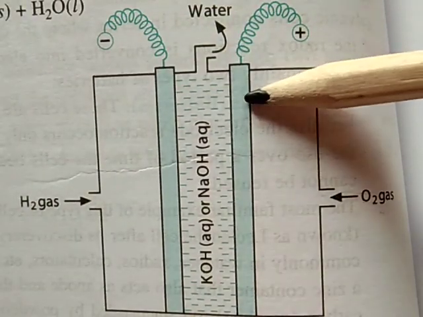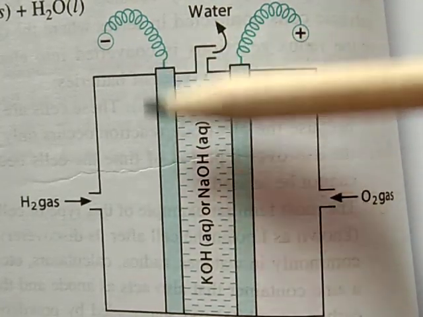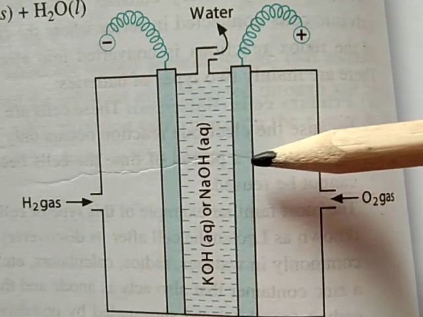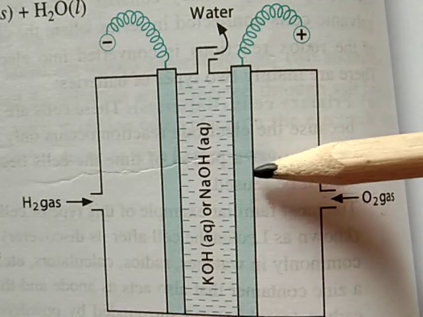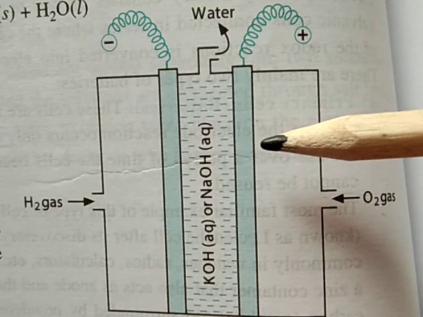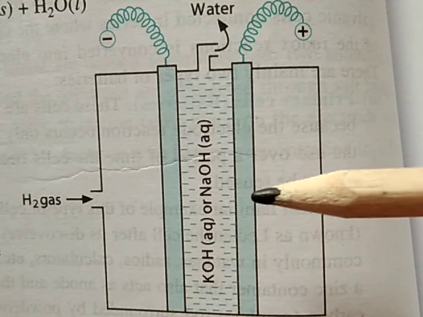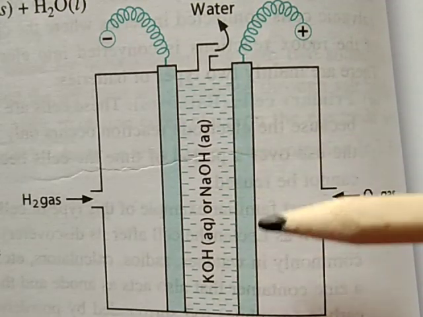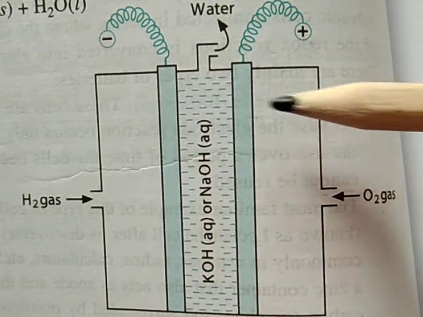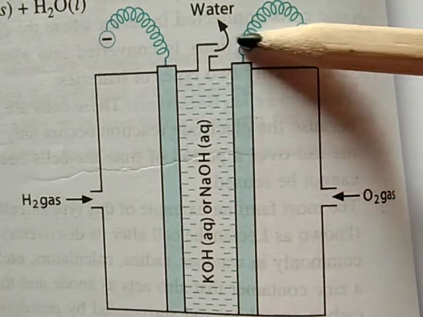Each electrode is made up of porous compressed carbon containing a small amount of catalyst like platinum, silver, etc. These fuel cells are more efficient for generating electricity on a large scale than burning hydrogen and carbon fuels, because they convert the energy of fuel directly into electricity.